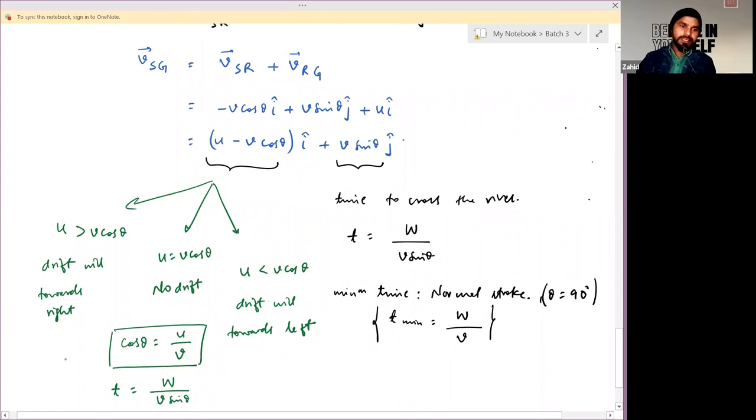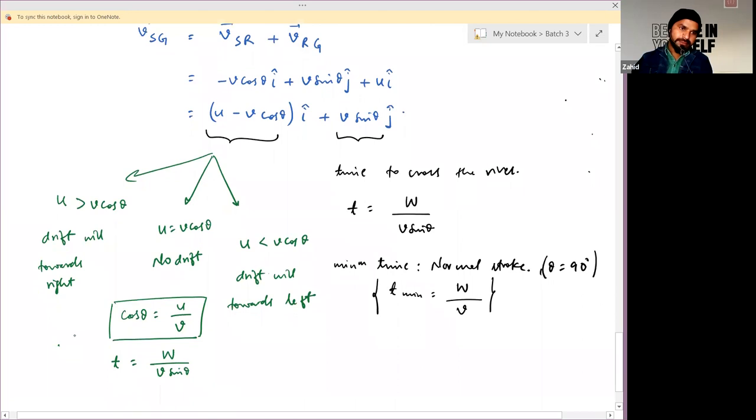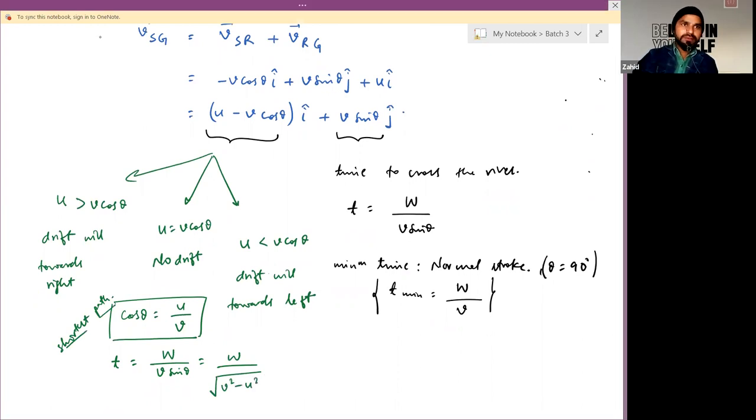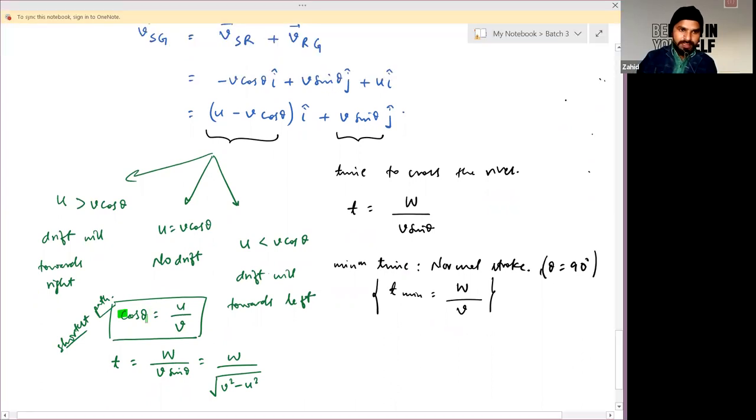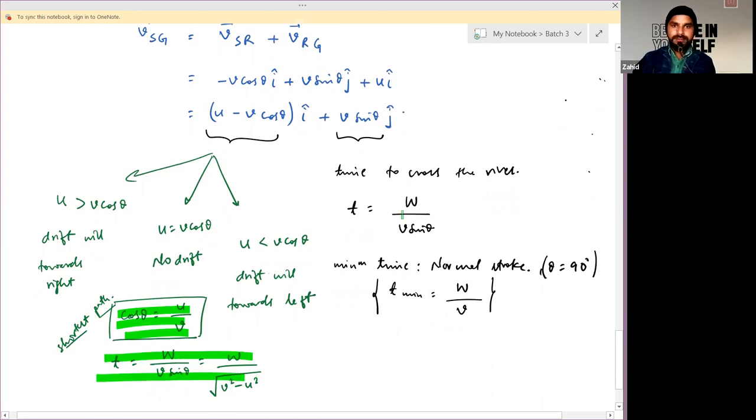It will be termed as shortest path, which may be equal to w by square root of v square minus u square. So we have to learn only this part, and this part only. Is it clear?